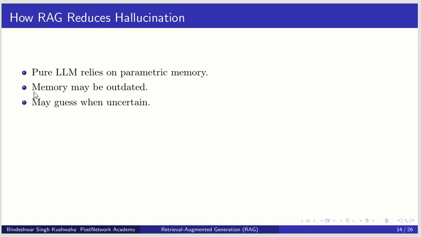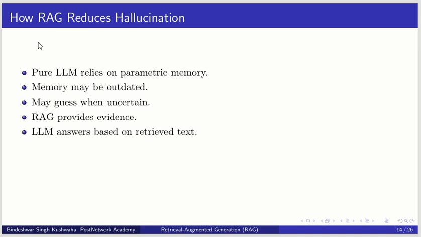What will happen if we only use parametric memory? The memory may be outdated and may guess when uncertain, as I explained. RAG provides evidence, which means it will retrieve from the database and inject it to the LLM with the query. So the LLM answers based on the retrieved text.